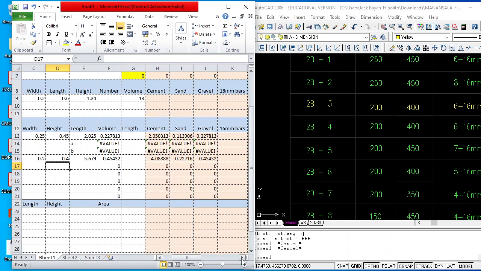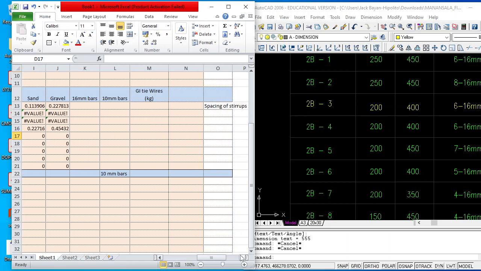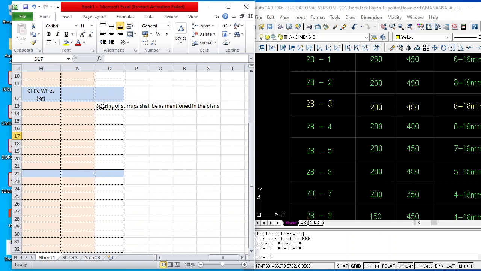The good thing is it is now automatic. If you look into the computation of gravel and sand, it is also there. Then, so as not to make it too hard for you, since there are different spacings, I will change the spacing. We will just use a spacing of 200 mm on center. What does it mean?